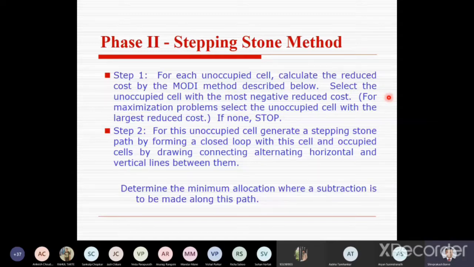When we are shifting the units, the cells with shifted units are occupied cells, and if a cell does not have any units shifted, it is called an unoccupied cell. For all the unoccupied cells we calculate the net cost. I will tell you how to calculate the net cost for each cell. And for that unoccupied cell, we look for the most negative reduced cost.